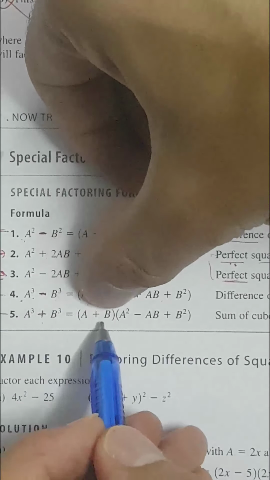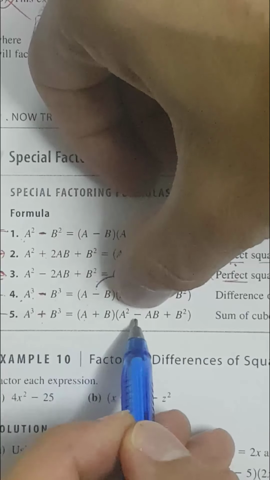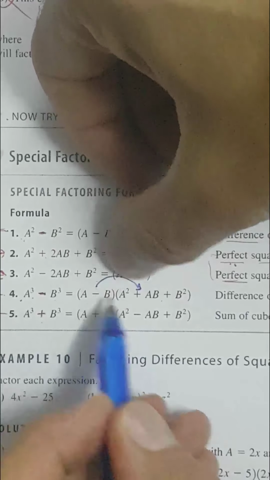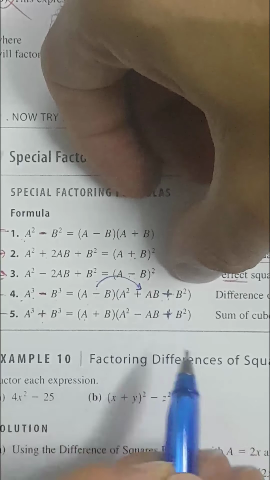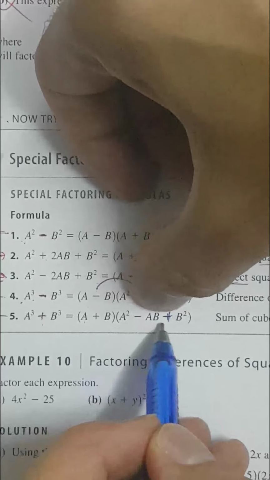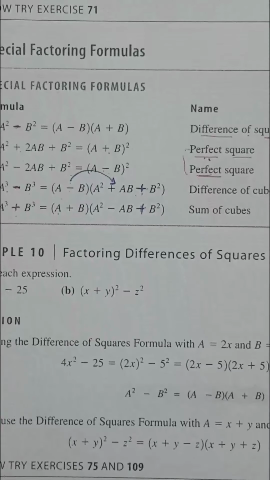Here I have a plus b, which is equal to a square, negative here, because I will change it here to negative, and here also is positive. Do not forget about that. So a square minus ab plus b square. This one I will deal with through the example, not by memorizing them.